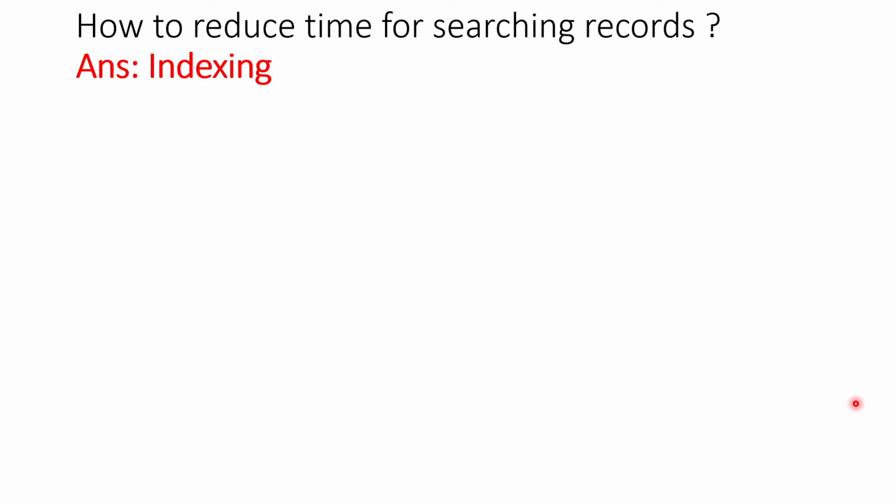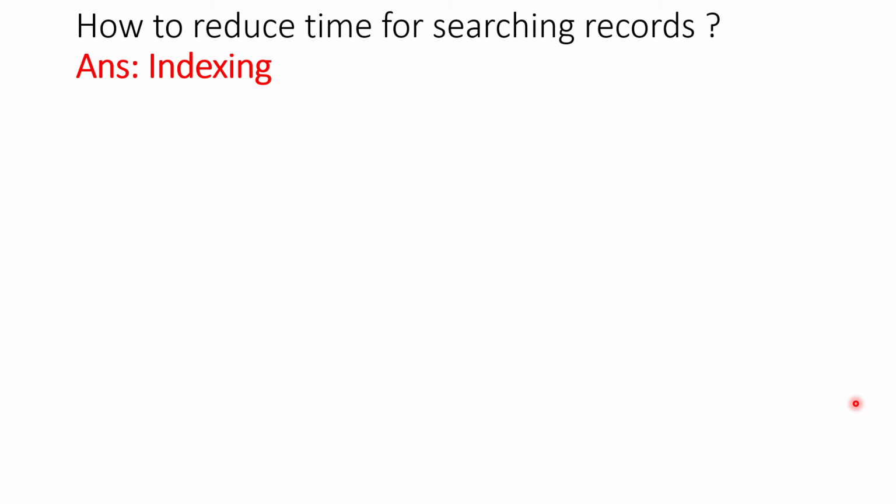So we find the story name from the index, and then accordingly we find the corresponding page number and directly go to that page, instead of checking each and every page. We do it in this way. And this is what indexing is.